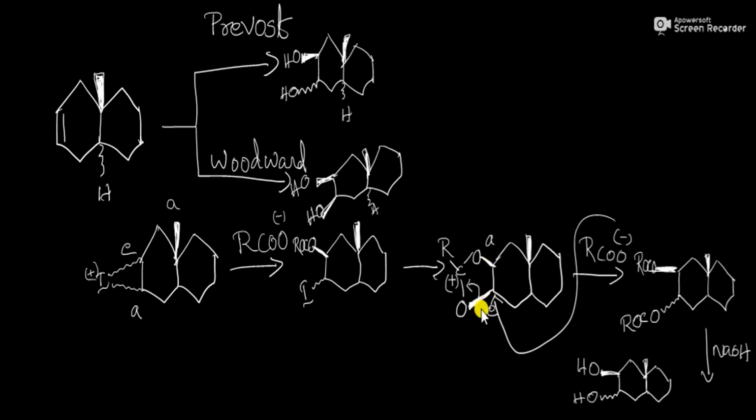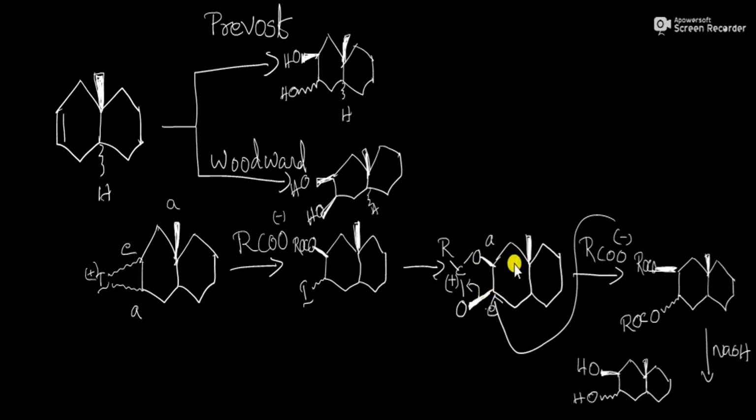Then next step is another SN2 attack of RCO minus. Obviously it will be through equatorial position. Then which will be equatorial? This or this. Here 1, 3 position, 1, 3 cis. 1, 3 cis means they are axial.